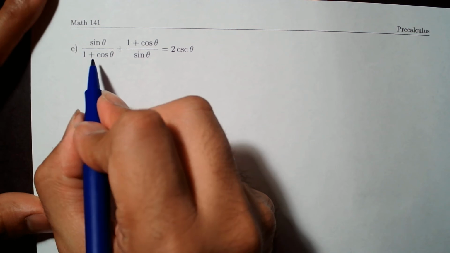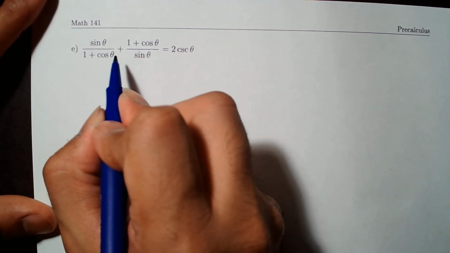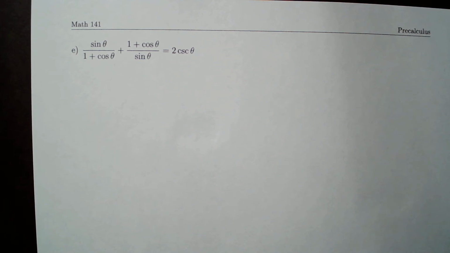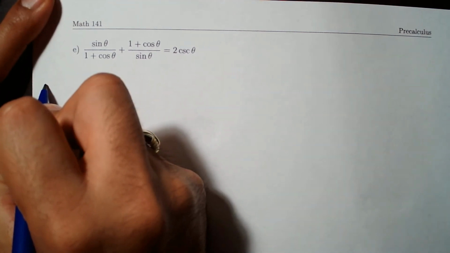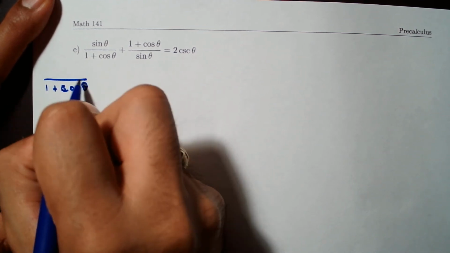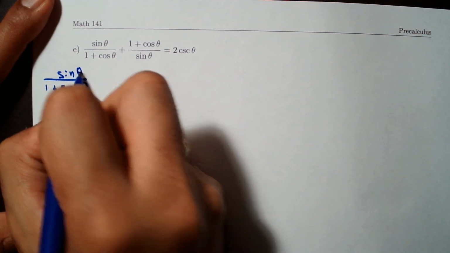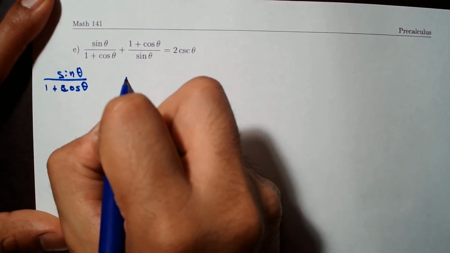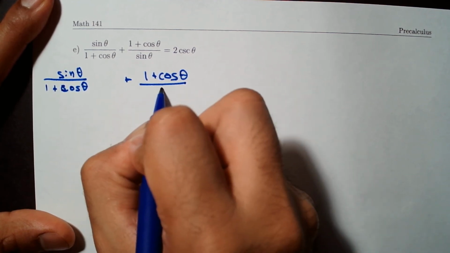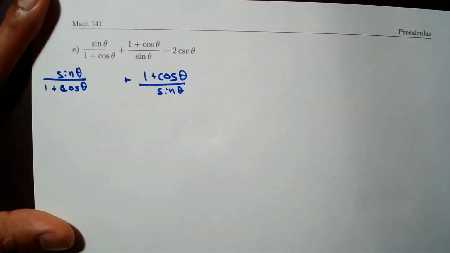In this case we want to combine these two fractions together. Notice that we have two unlike denominators. So let me write 1 plus cosine theta under sine, leaving some space here, plus 1 plus cosine over sine theta.